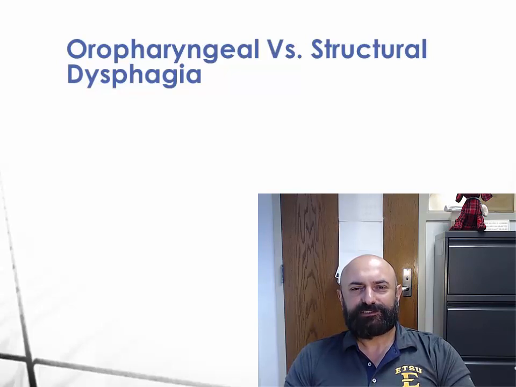If a patient presents with choking or coughing, this may be representative of pharyngeal or oropharyngeal dysphagia, while the sensation of food being stuck may be related to an obstruction. Obstruction can be something like esophageal stricture, esophageal web, or even a tumor.